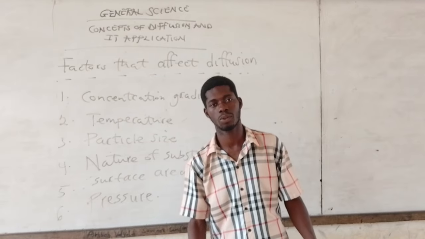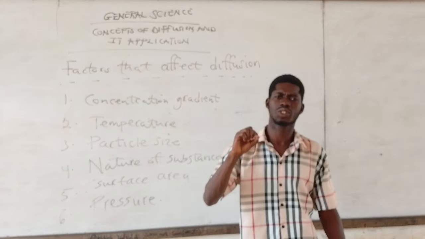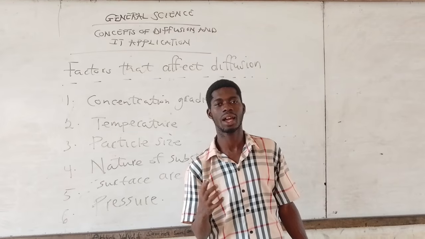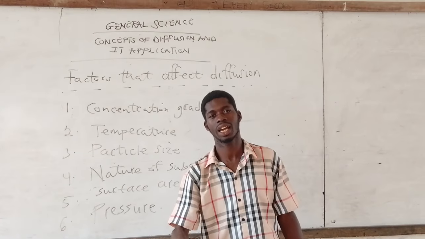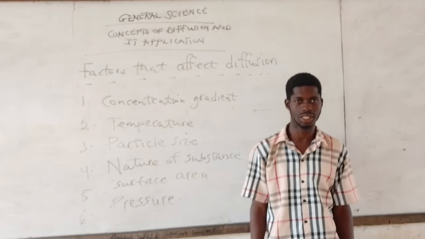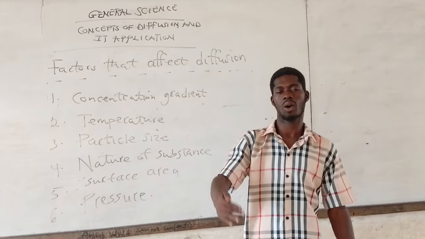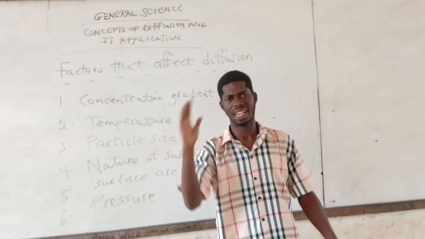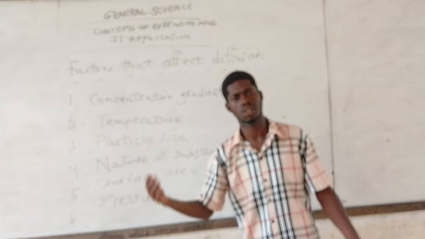What is concentration gradient? We learned during our first lesson that concentration gradient is the difference between the higher concentration and the lower concentration. So for diffusion to occur, you have a certain region that is supposed to have higher concentration, and a certain region that is supposed to have lower concentration.